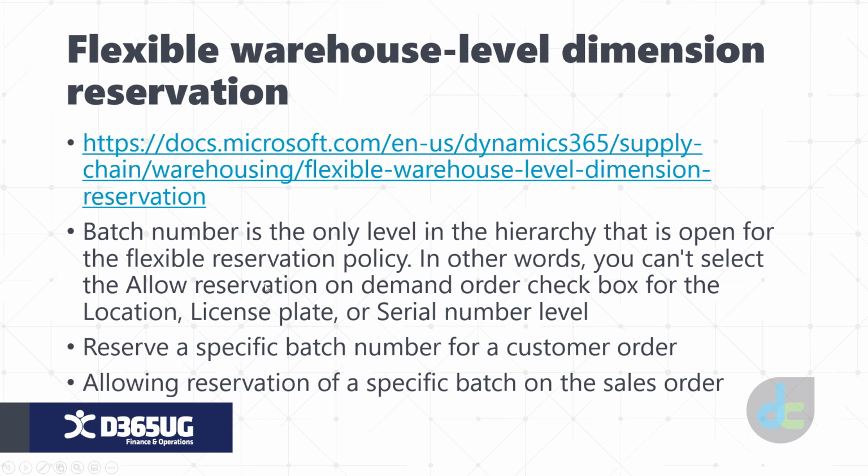So what that means is you can, with this turned on and then configured, reserve a specific batch to a customer order or allow reservation of a specific batch on a sales order. So if you are using the batch functionality, you can just specify that, for this sales order, I don't care specifically which unit gets shipped, but it does have to be from a unit from this particular batch.